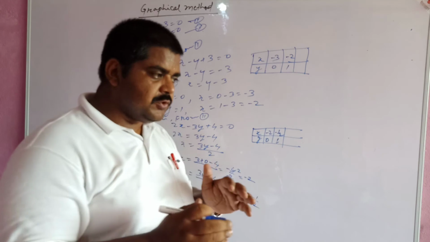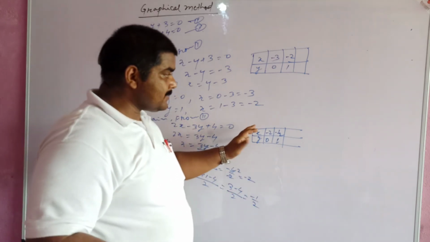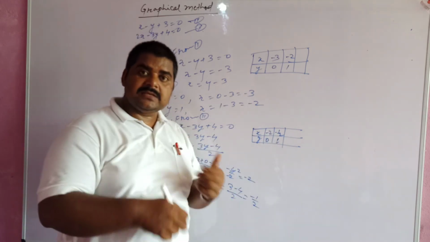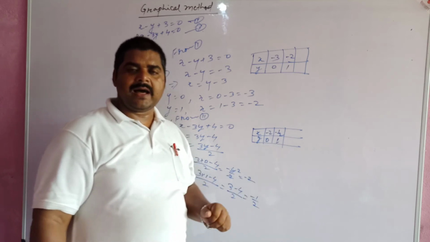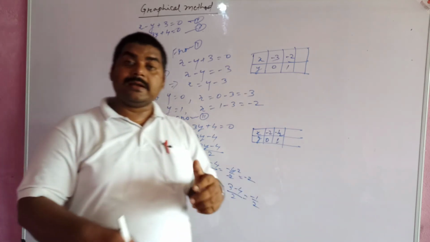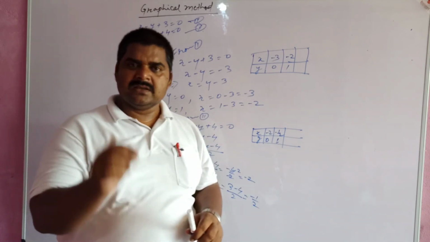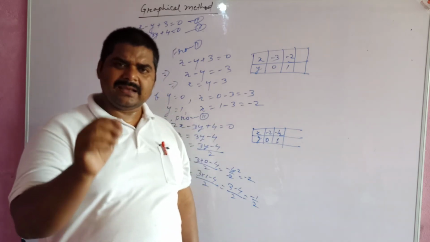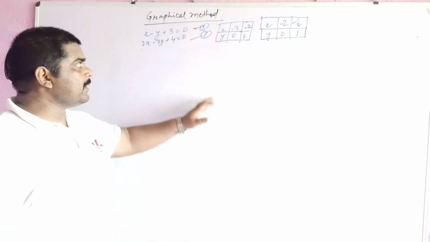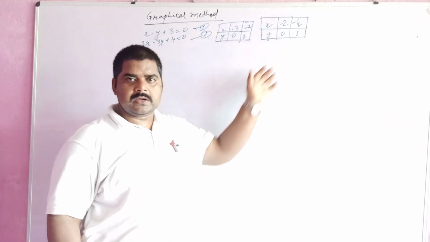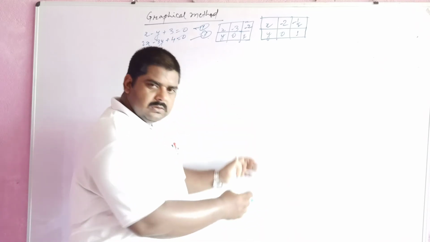If you have done so, then you have to come to the next step: how to represent these coordinates of x and y, this ordered pair, on graphs. Further on I am going to discuss some special points regarding graphs. For our convenience, I have written on the top because this is a board and it is complicated to write over here.